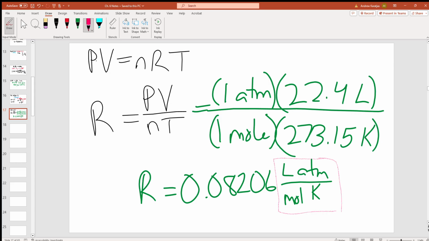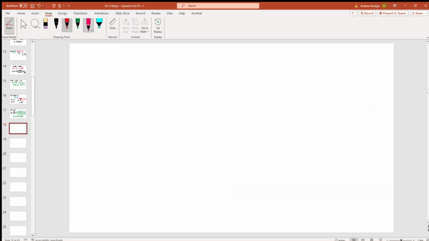So basically we get to a point where we can solve for any of pressure, volume, number of moles, or temperature as long as we know the others. Because you can take this equation, again, here's where we're starting, and you can solve it for any of these terms.